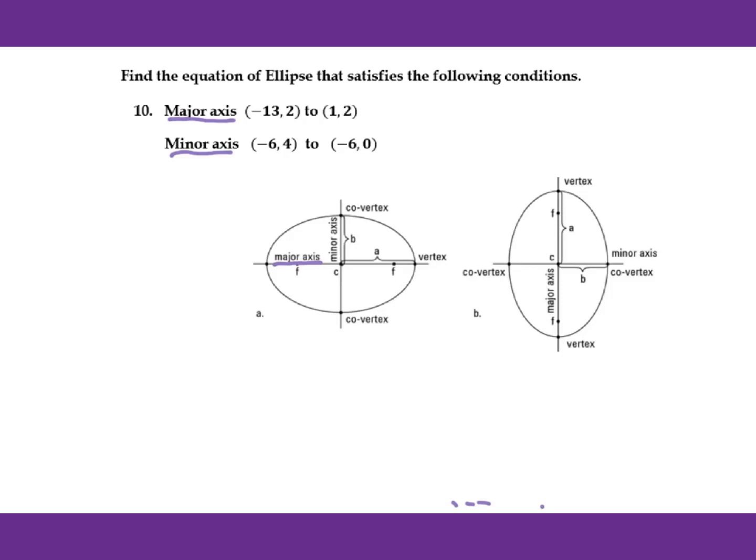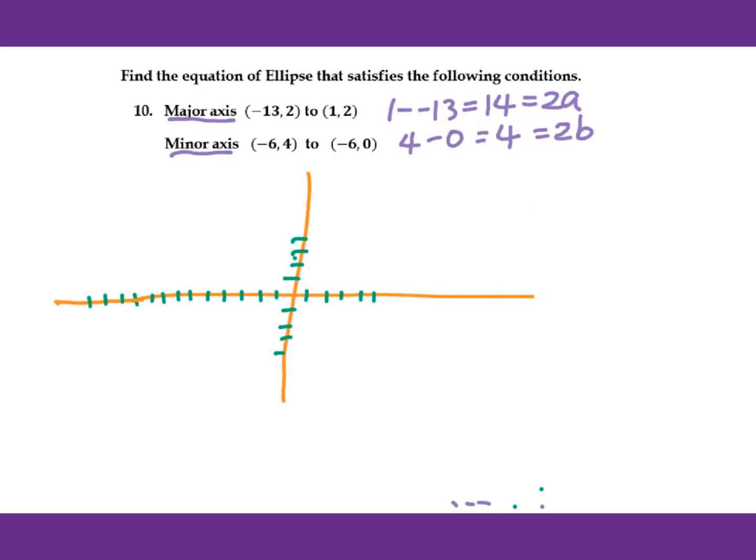So we will get y: 2 minus negative 13. That's equal to 14. This will be 2a. And 4 minus 0 equal to 4. That will be 2b.